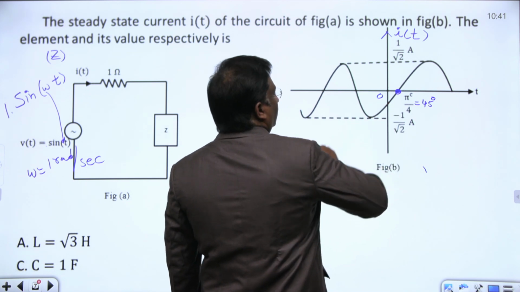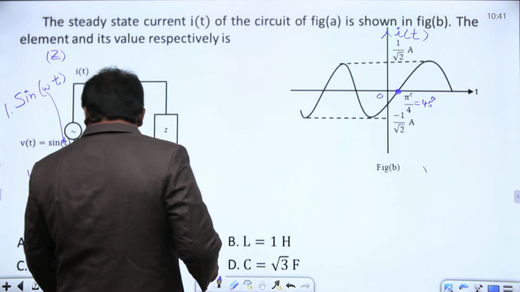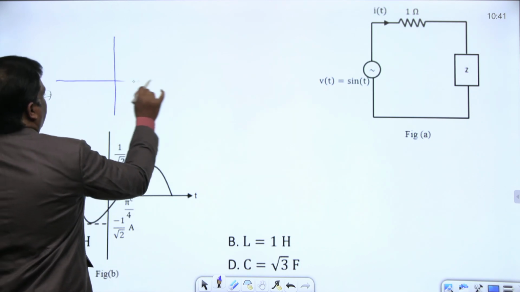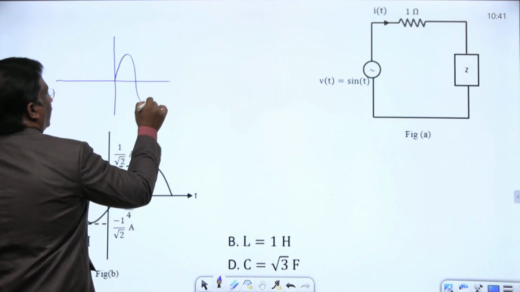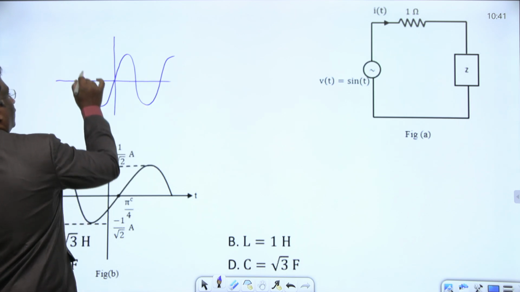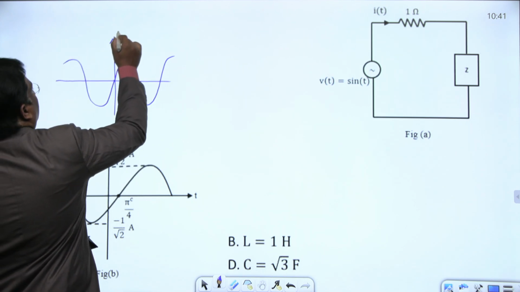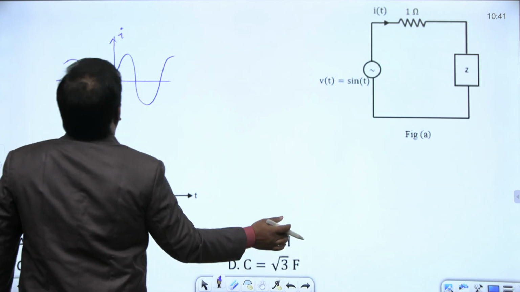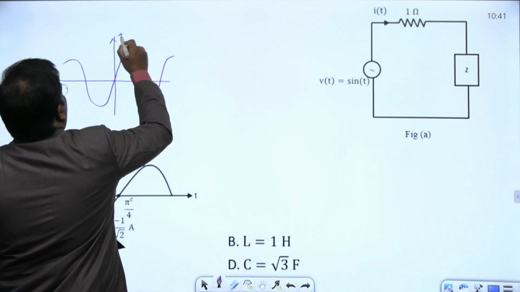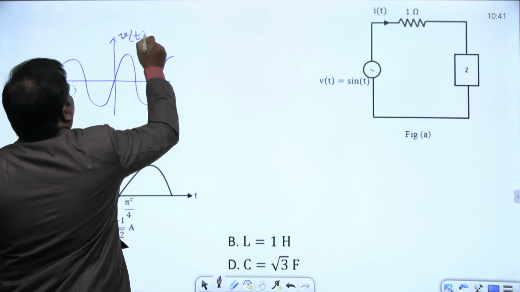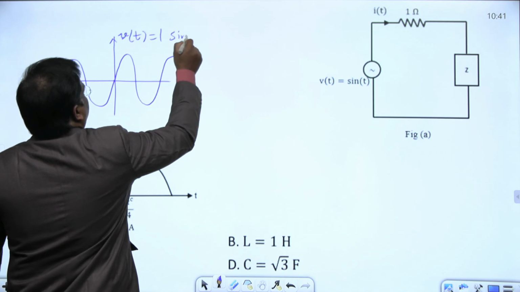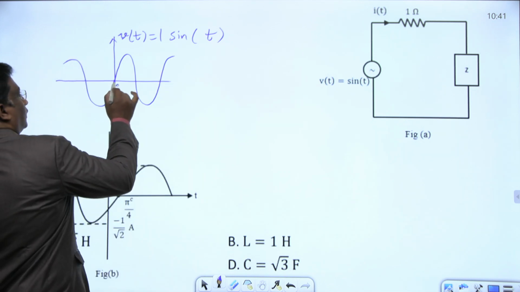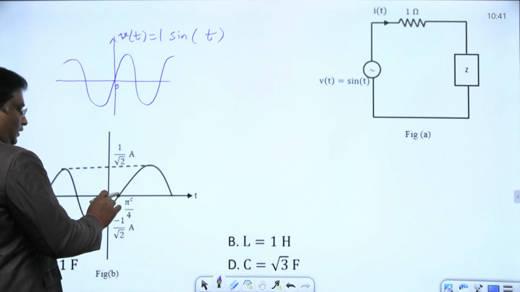Right now if I plot my input waveform, this is the input waveform from the origin, a sine function. Both the frequencies are the same. This is I of t, this is V of t. What is V of t given? V of t is given as 1 sine t, and it starts at the origin. When you compare these two waveforms, this is delayed.